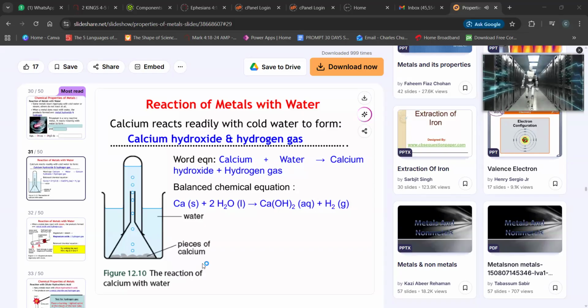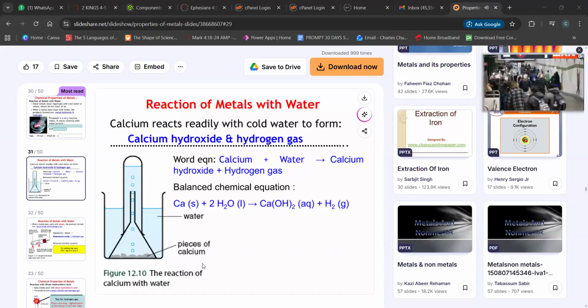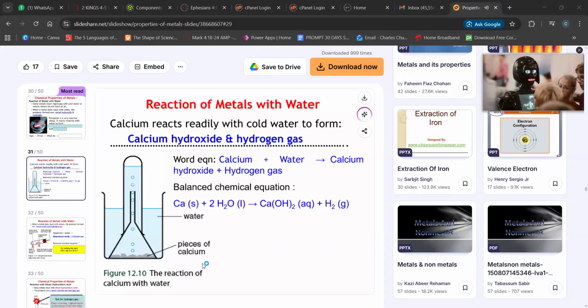And then you have a little subscript 2 at the bottom right, to show that you need 2 hydroxide ions to combine with 1 calcium ion, positive ion. Why is it so? Because calcium has an oxidation number of +2.